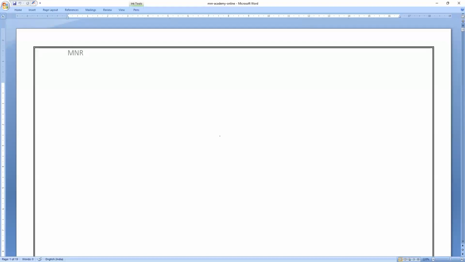We have three laws: two we studied and one we will study later, as it is not there for ninth. So we studied the law of conservation of mass as well as the law of constant composition, or law of definite composition, or law of fixed composition.